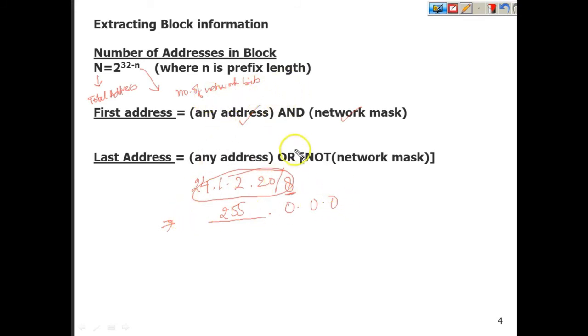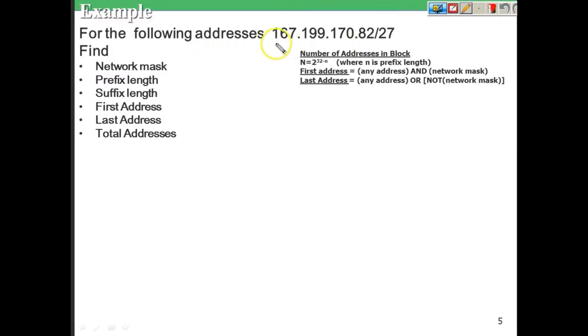So we will use this formula to find out the information of the network. Let us take one example. This is the kind of address given to us. This is /27, and we are interested in finding the network mask, prefix length, suffix length, first address, last address, and total addresses. So we are going to make use of this formula.